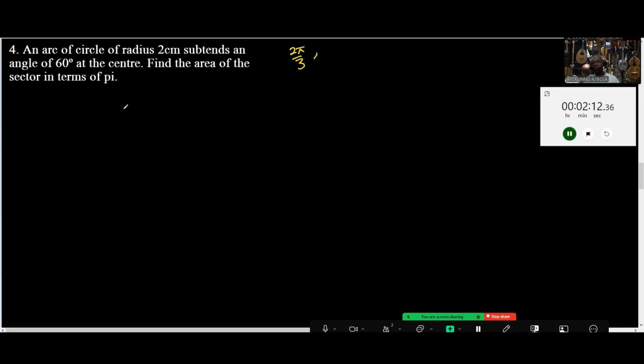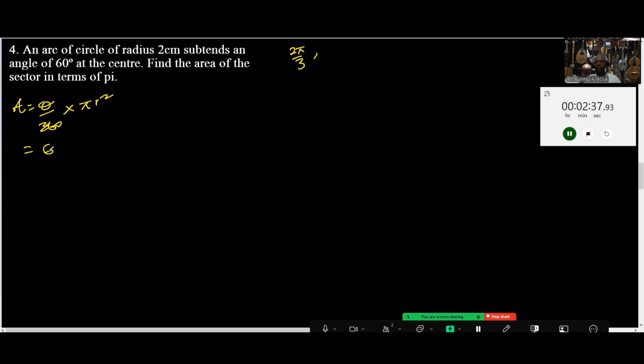All right. So let's just look at it and see this 2 pi over 3. An arc of a circle of radius 2 subtends an angle 60. Find the area of the sector. Still on area of sector, right? Yes. So that is theta over 360 times pi r square.